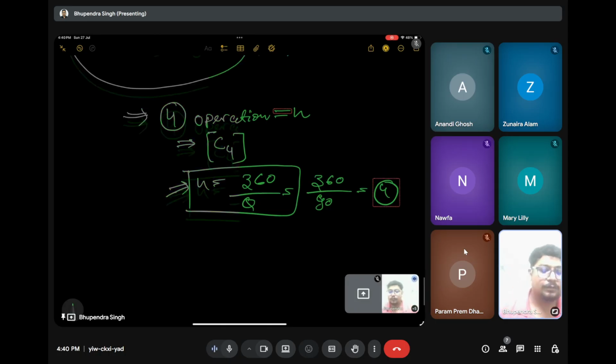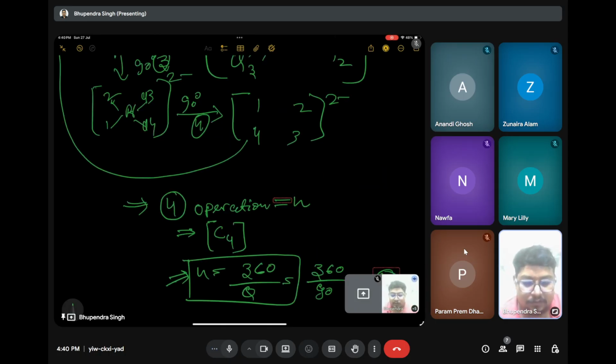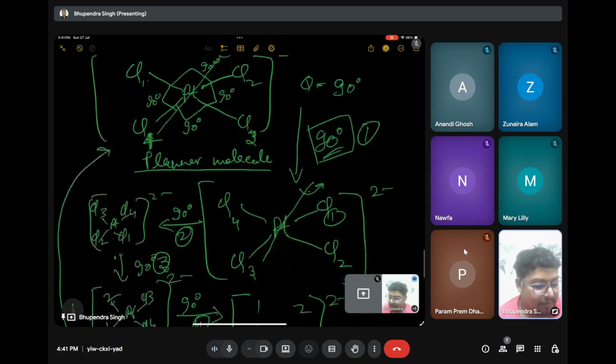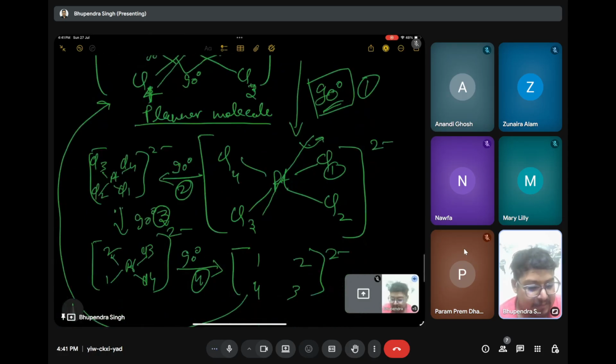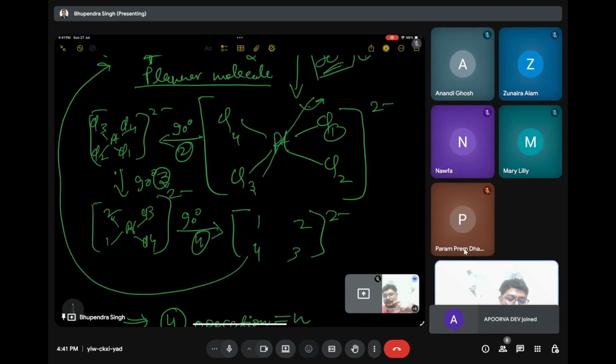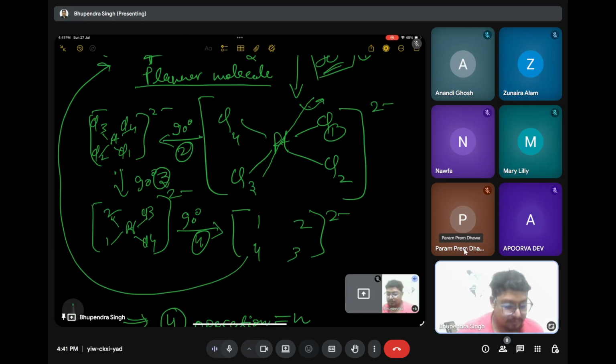Let's say you are giving an exam and during the exam you have 50 molecules. For 50 molecules, you are not going to draw all the operations, rotating 90 degrees, then the structure comes, then again the structure comes. You will not do this.